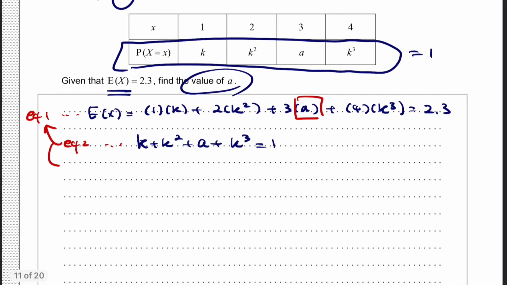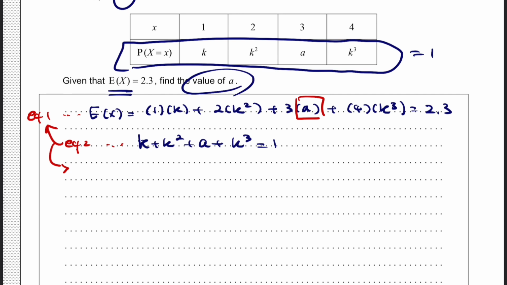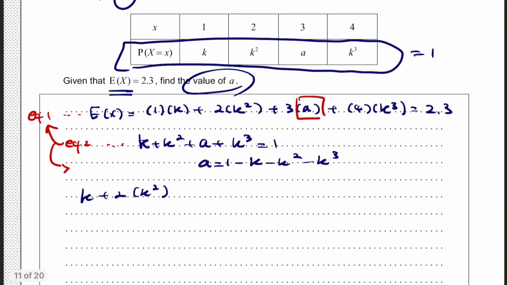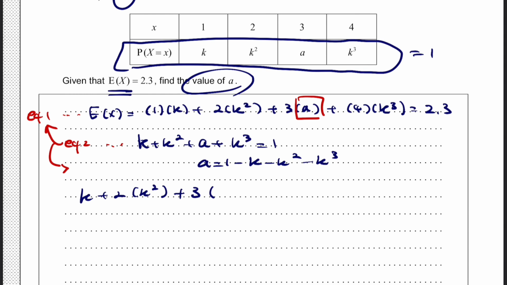First, equation 2 is the same as a equals 1 minus k squared minus k cubed. So we have k plus 2k squared plus 3 times, and I'm going to substitute this in the place of a, so 1 minus k squared minus k cubed, plus 4k cubed equals 2.3.